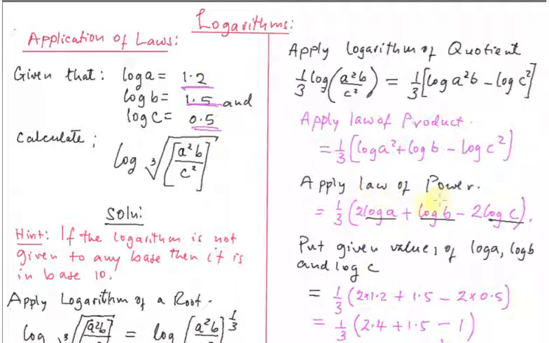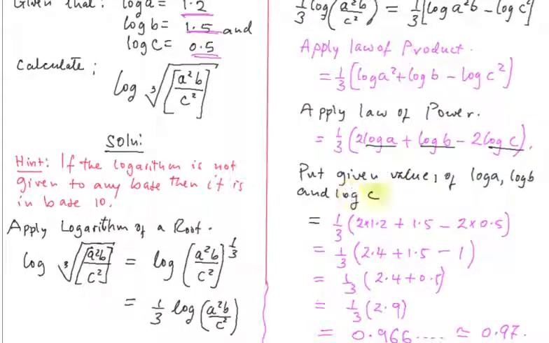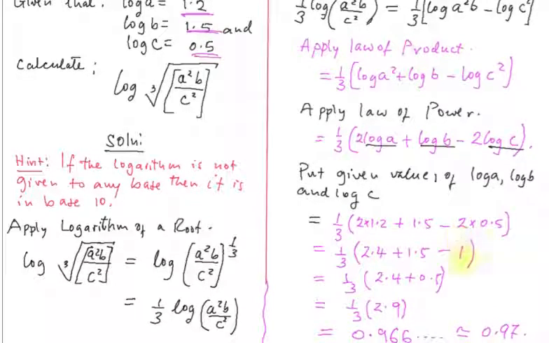This is the same as 1 over 3 times 2 times log a, which was given as 1.2, plus 1.5, which is log b, and minus 2 times logarithm of c, which is 0.5. So we just simplify, add and subtract easily like this, and then we end up with this as our answer.